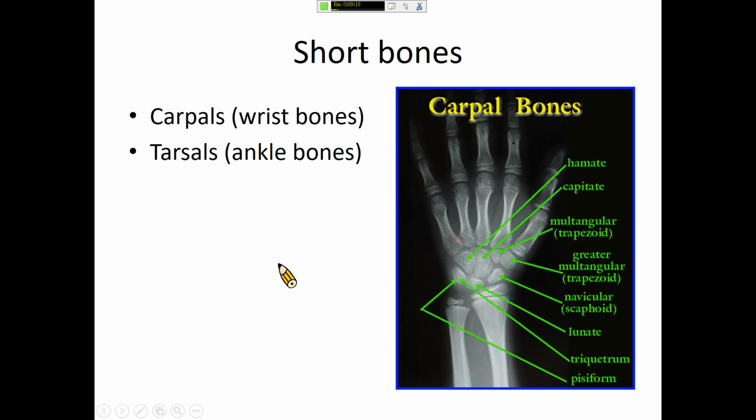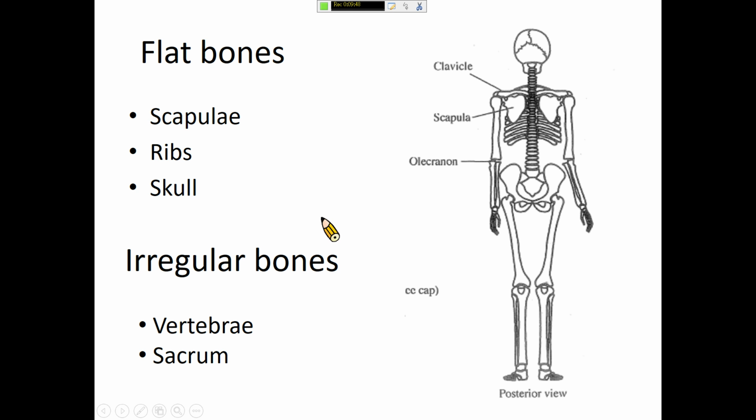And then we also have short bones. These are carpal bones. They are short bones. Similarly, in the ankle, we also have tarsal. Very similar. So these are short bones. And then we have flat bones. They are very flat.